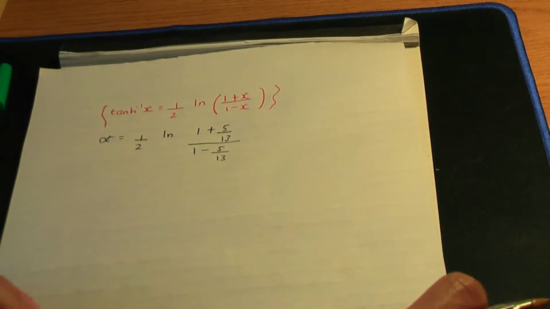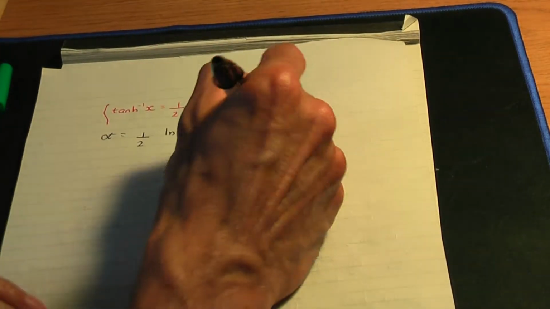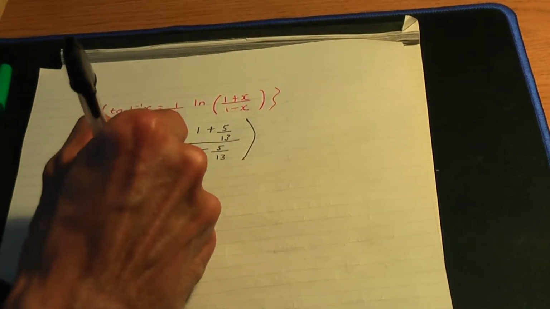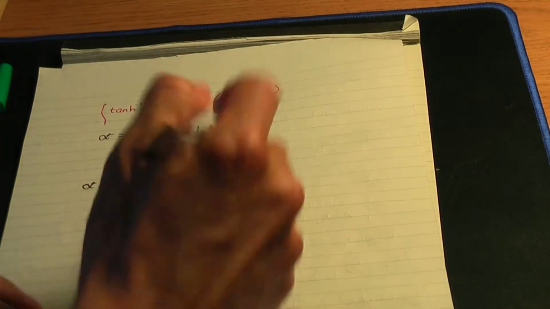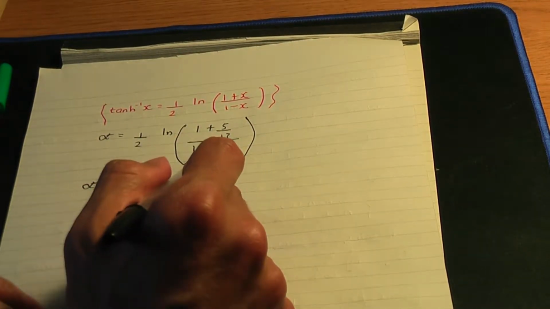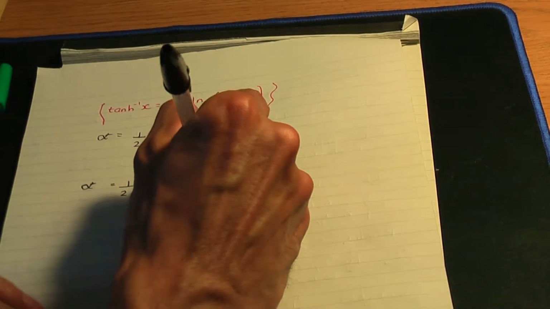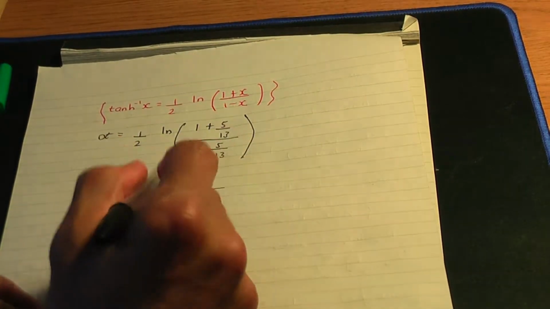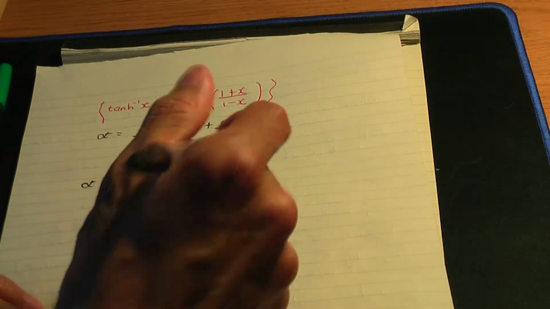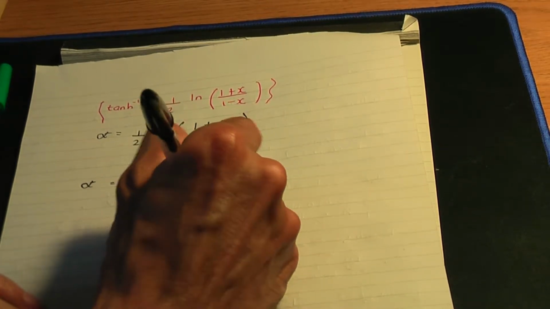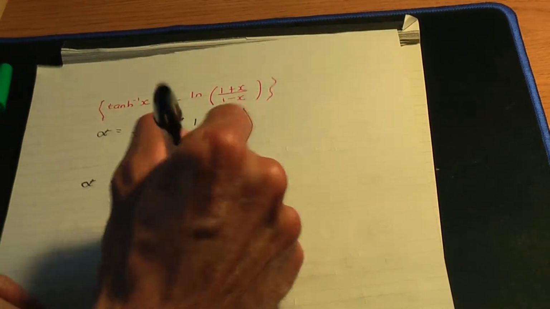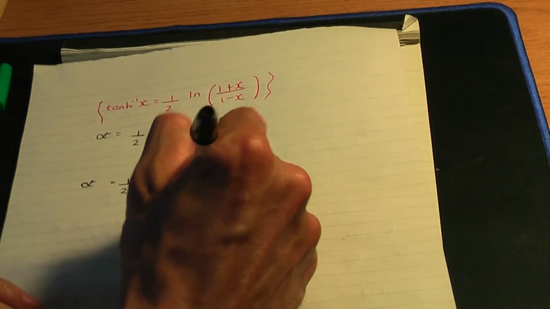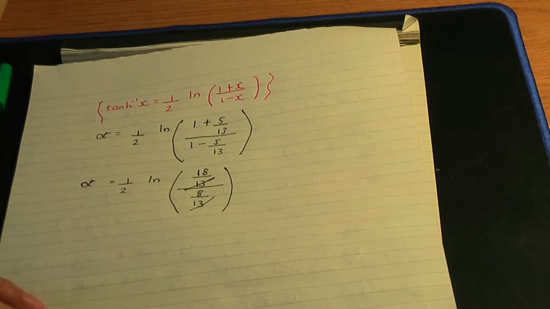If we continue to simplify, we get 1 over 2 ln of 1 plus 5 over 13, which is 18 over 13, over 1 minus 5 over 13, which is 8 over 13. You can simplify this, so the 13s will cancel.